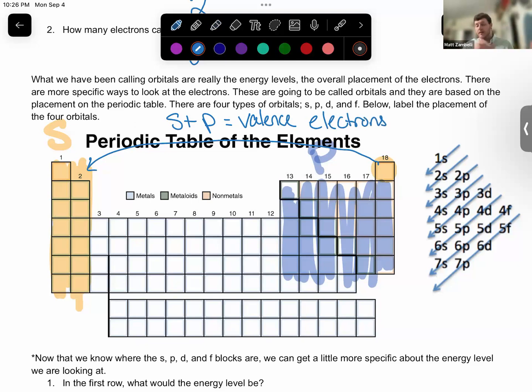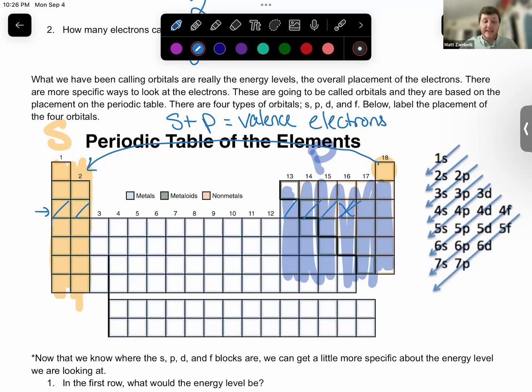Okay, so again, if we're looking at just our S and P block, those will give us our valence electrons if we're looking at the largest amount. So if we're looking at our third row and we wanted to get all the way to sulfur, we'd count 1, 2, 3, 4, 5, 6.